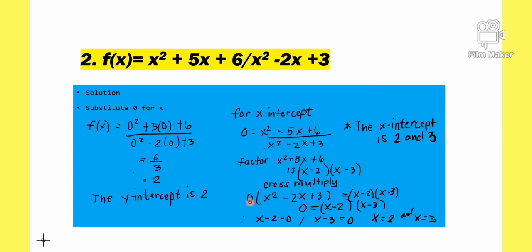So 0 times x squared minus 2x plus 3 becomes 0, and the remaining will be x plus 2 and x plus 3. We equate first x plus 2 is equal to 0, and the other one, x plus 3 is equal to 0. So x is equal to negative 2, and the other one is x equal to negative 3. So therefore, the x-intercepts are negative 2 and negative 3.